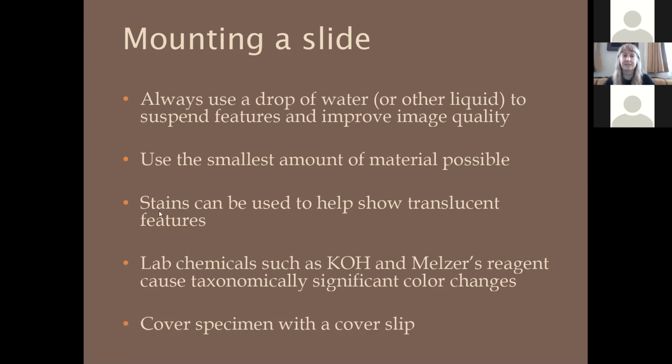And again, the stains can be used to help show translucent features, and the document that I'm going to link will talk about which stains you might want to use for looking at particular features.